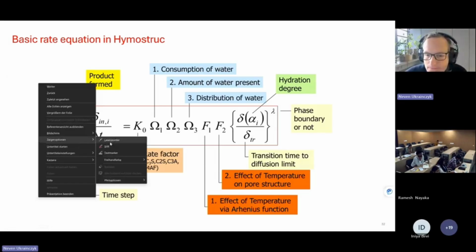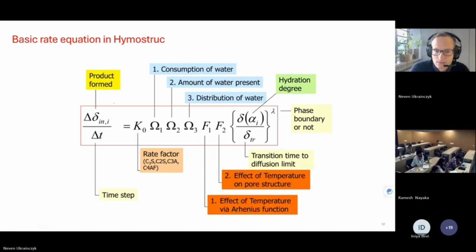Difficult to draw. Let's say this is a sphere, and then we have the inner part. This thickness, how much it goes inside, is the delta in, and it's per particle.